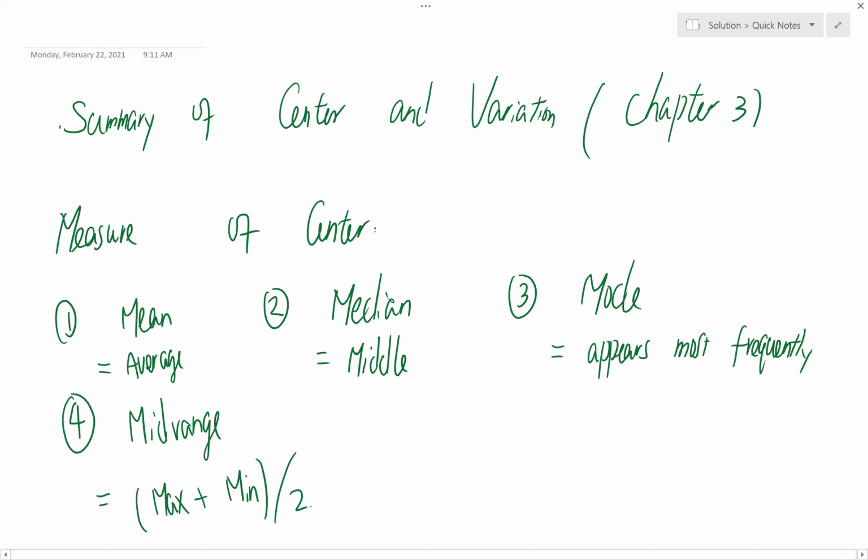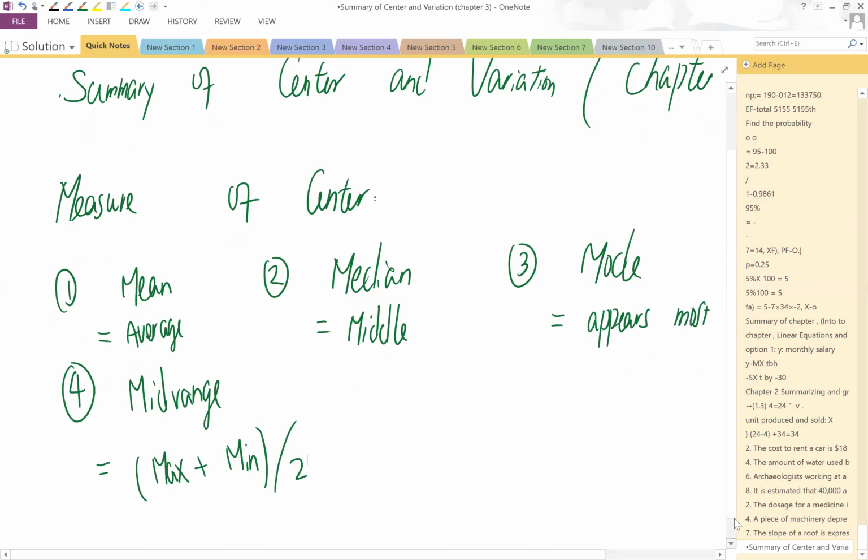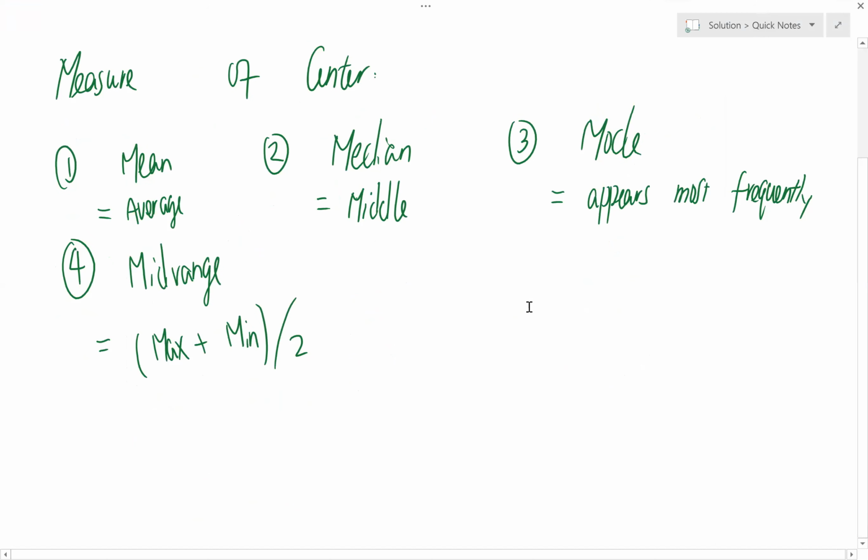We also have something like range, that's about measures of variation. So let's talk about some of the key terms we use to measure variation, and I'm going to give you an example on how to calculate all of these numbers by hand.